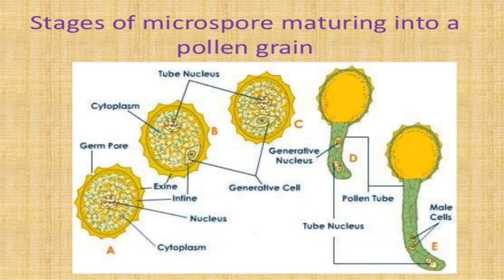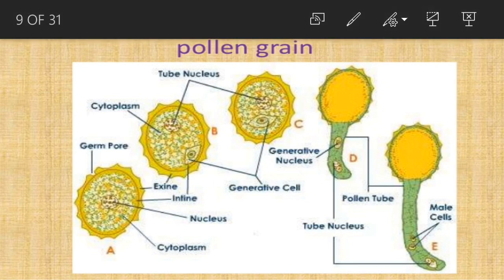Now the next diagram shows the stages of a microspore maturing into a pollen grain. This is a diagram of a uninucleate pollen grain. It has two layers, exine and intine. Internally there is a nucleus covered by cytoplasm.